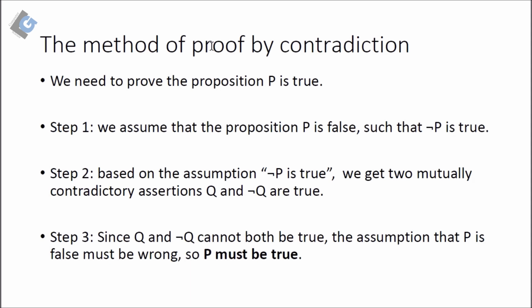Which means that they contradict each other. Since Q and not Q cannot both be true, that means the assumption that P is false must be wrong, which leads to the result: the proposition must be true.